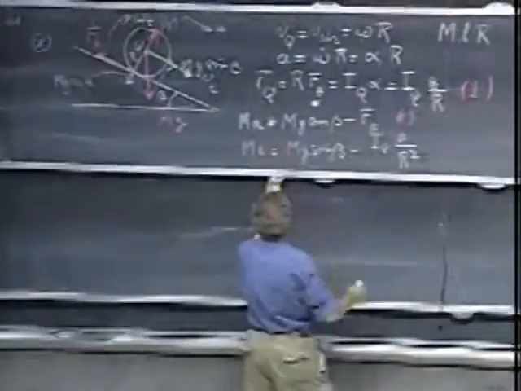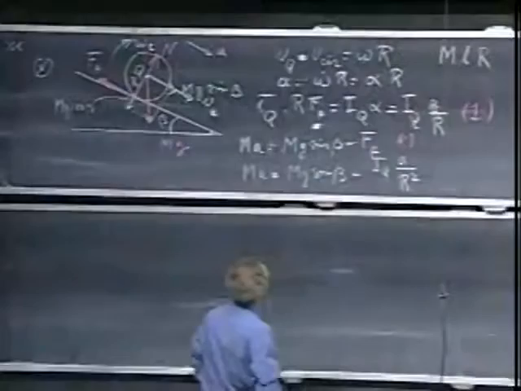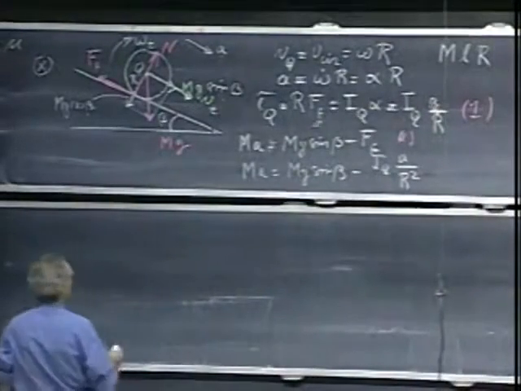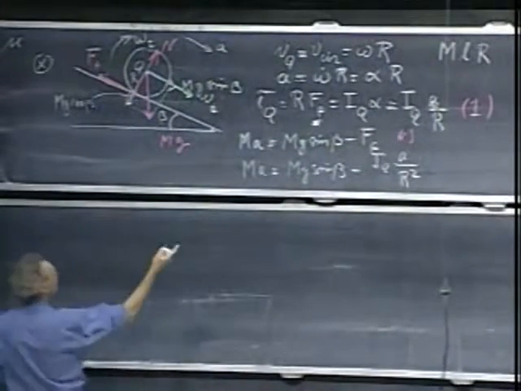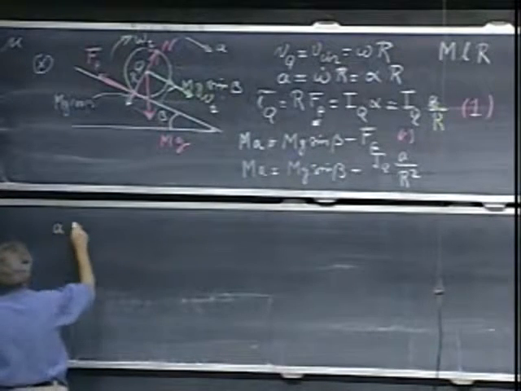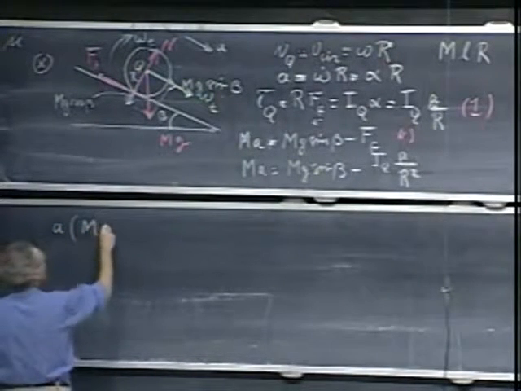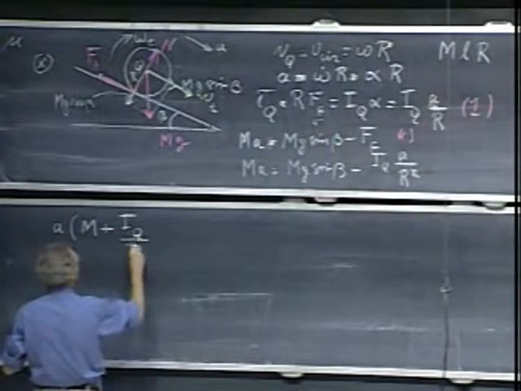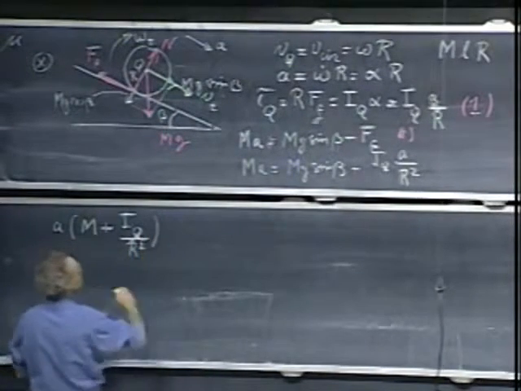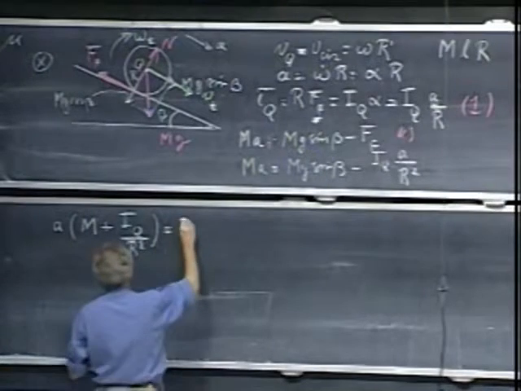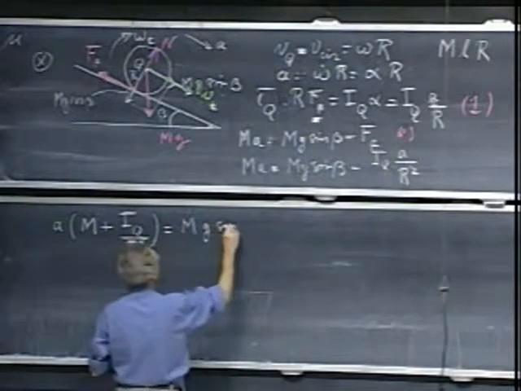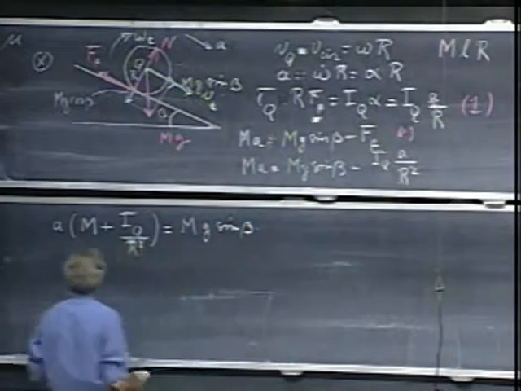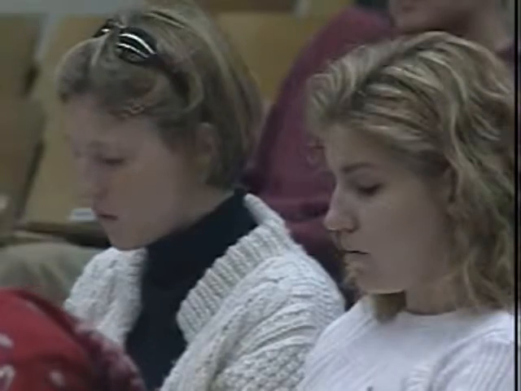And now notice that I've eliminated ff, and so now I can solve for A. I bring the a's to one side, so I get A times m plus moment of inertia divided by r squared equals mg sine beta.